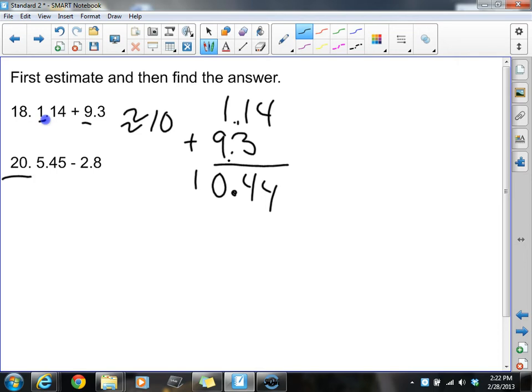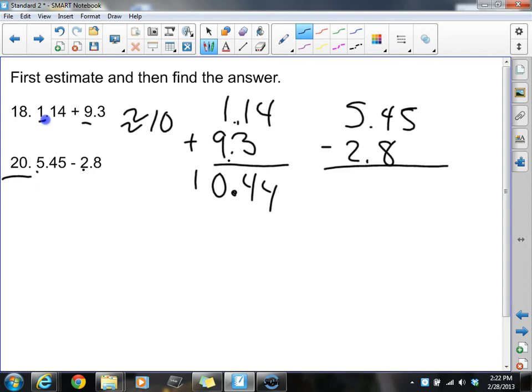Next, number 20, now we're going to subtract decimals. Estimating, I'll just use the first digit once again. So 5 minus 2, it's going to be around 3. So let's go ahead and solve. So 5 and 45 hundredths minus 2 and 8 tenths. Notice how I lined up the decimal.